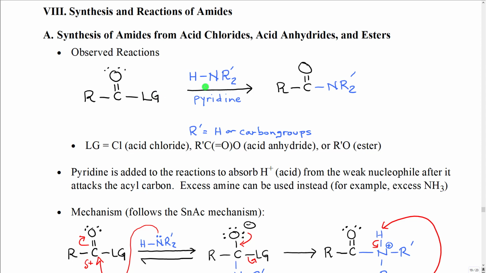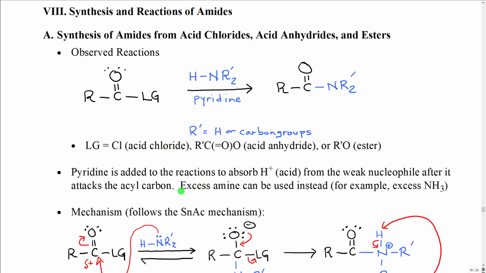What we're going to do in this reaction is put in an amine. And the amine is going to have at least one hydrogen attached to form a stable product. We're also going to put in a base, which typically would be pyridine. However, as we're going to see, pyridine is added just to reabsorb the hydrogen plus after the nucleophile attacks the acyl carbon.